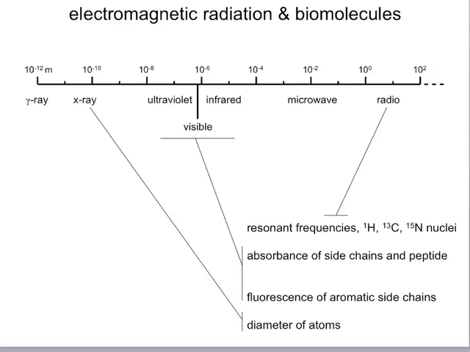And then the other technique that we're going to discuss for determining biomolecular structure is nuclear magnetic resonance spectroscopy, and it just so happens that the resonant frequencies of these nuclei, protons, carbon, and nitrogen isotopes, are in the radio frequency range. So we can ring those atoms, if you want to think of them as little bells, we can ring them by hitting them with radio frequency radiation. So all of these various frequencies of radiation are responded to by different components of the protein.